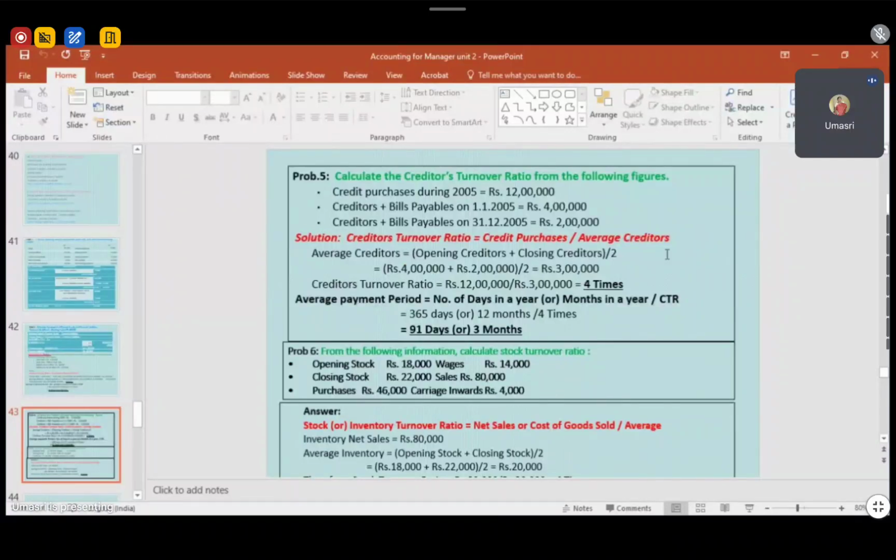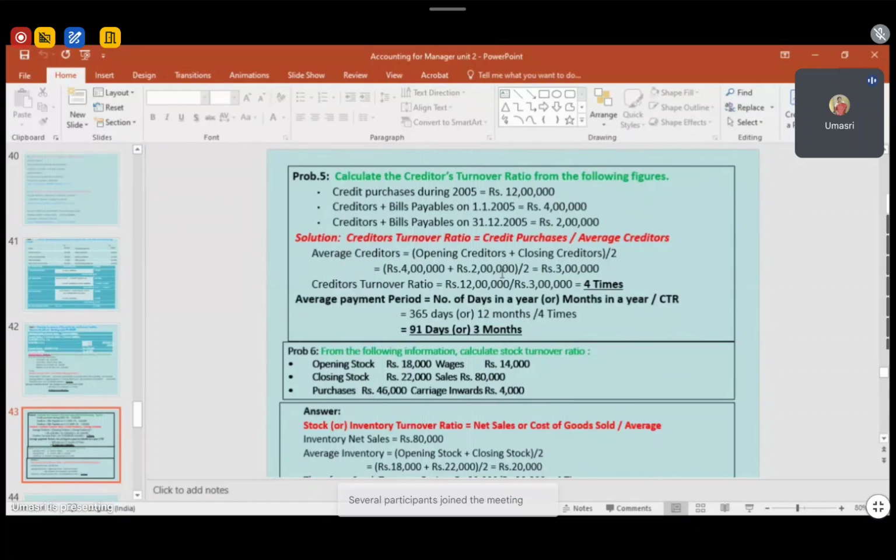Next one, calculate the creditors turnover ratio from the following figures. So creditors turnover ratio formula, what is the formula? Net credit purchases divided by average creditor. So here in the problem informations are given, right? Net credit purchases is given 12 lakhs.